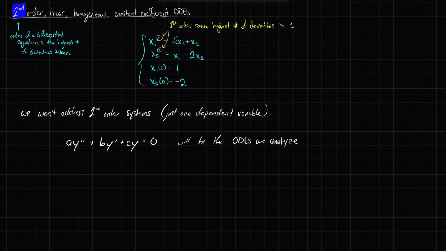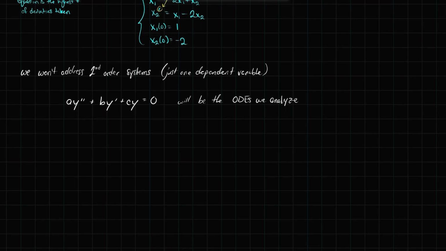In terms of extra conditions, in the first order case we had initial conditions. We could potentially have two initial conditions here as well. We could have y at time 0 equals y0, and y prime at time 0 equals y1 maybe. That's perfectly valid.